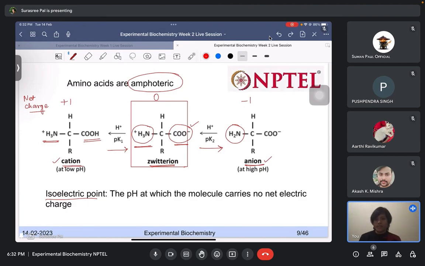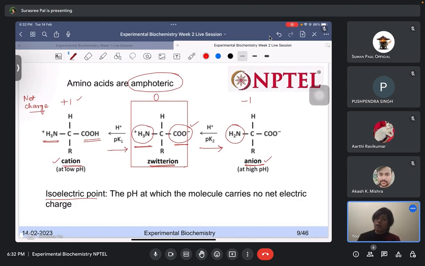So here you can see that this particular amino acid exists in 3 different ionic forms. The first one is the cation, where the charge is +1, and this is at a low pH value.